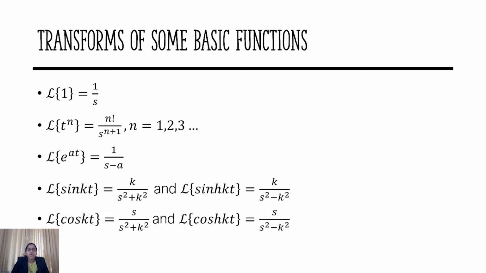And in case of cos, the numerator changes, that is Laplace transform of cos kt is equal to s by s square plus k square, and Laplace transform of cos hkt is equal to s by s square minus k square.